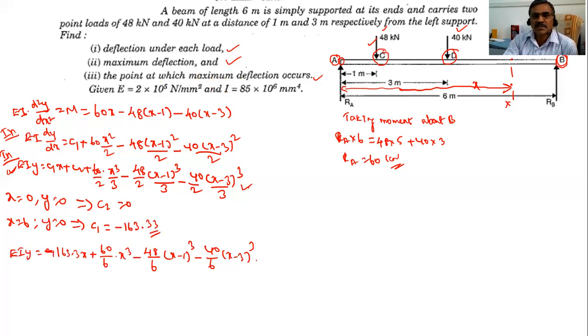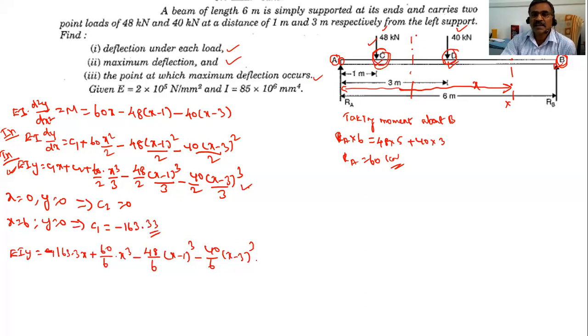If you want to find slope and deflection at point C, then you must have taken the axis here. If you had taken the axis here, then this is applicable between these two loads. If you don't take the axis here, then it is applicable between these two points.